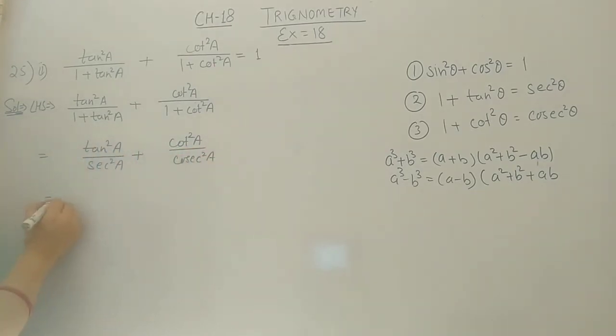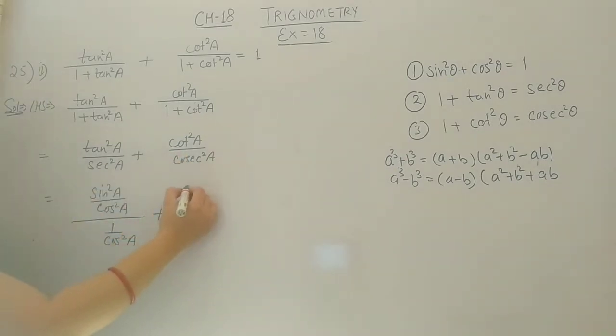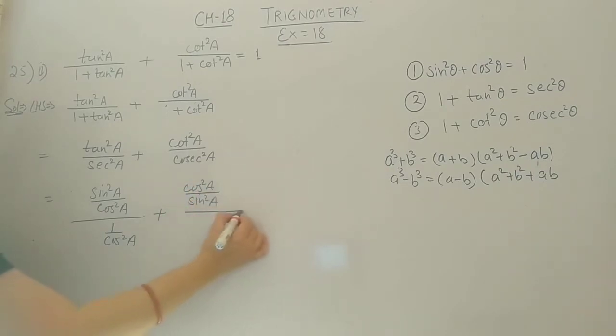Now change tan into sin and cos. So tan square is equal to sin square by cos square, and this sec square also we can write as 1 by cos square. Second term, cot square we can write as cos square a by sin square a, and denominator cosec square we can write as 1 by sin square.